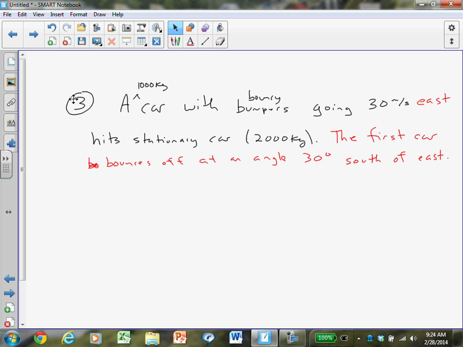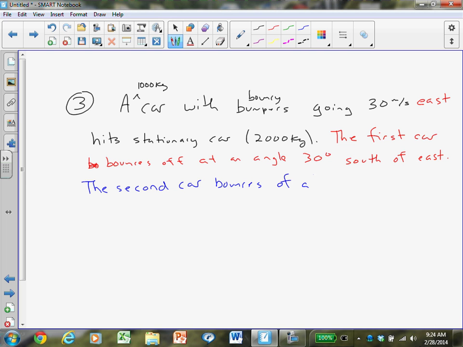The second car, I'm making this up in my head, so I have to think a little bit of it. The second car bounces off at an angle of 60 degrees north of east.